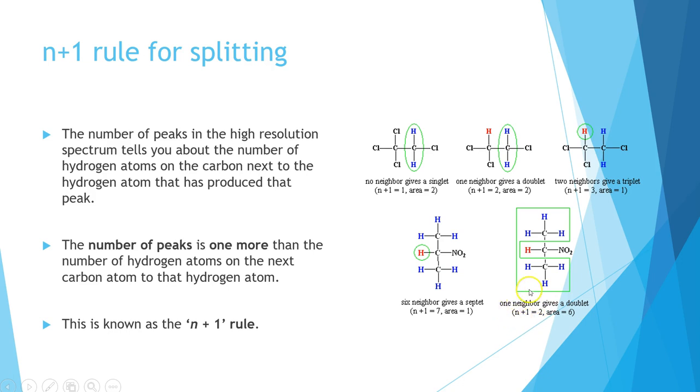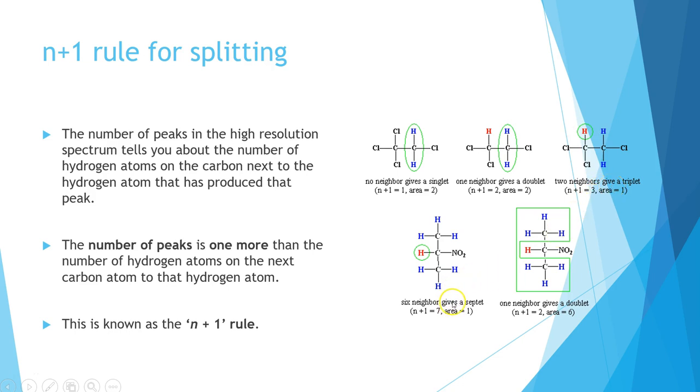The other thing that we can look at with this diagram is it tells us the relative area, remembering our integration tells us the relative number of hydrogens in those environments. So we can see here that from the first example the area is equal to 2 because we're looking at the peak associated with the two CH2 hydrogens. Same for the next one. When we change to looking at the peak responsible for the red one, we will see that the area changes to 1.